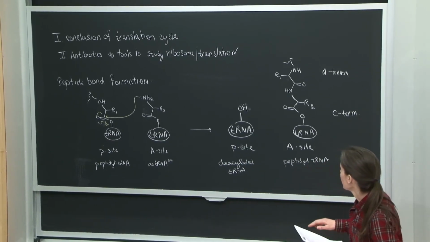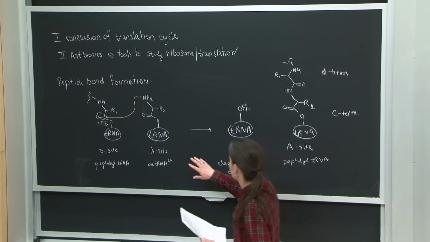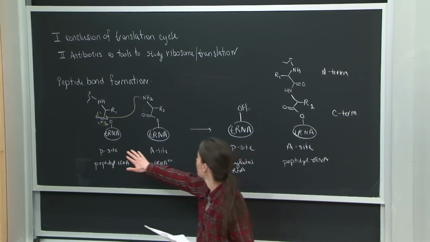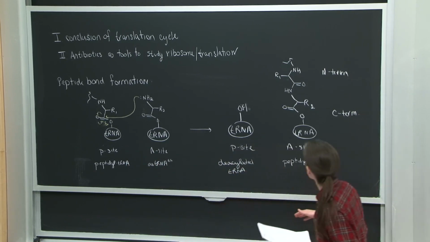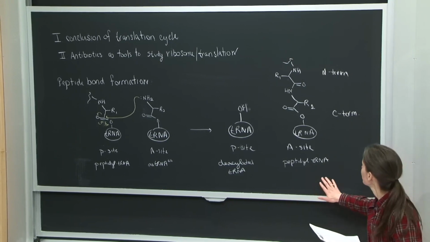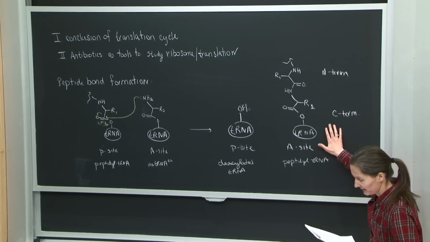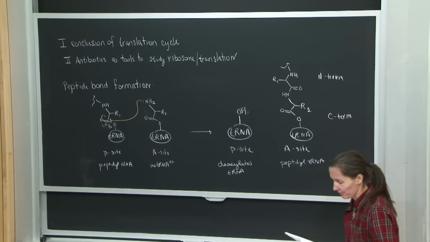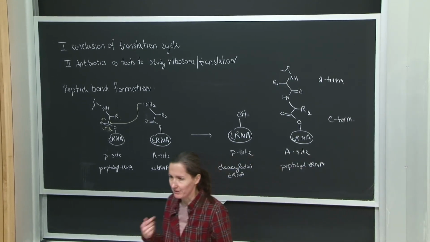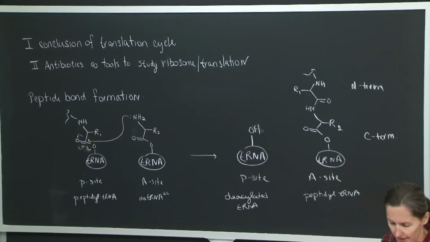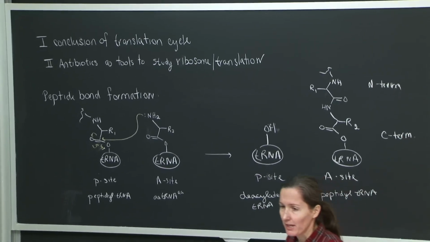So what needs to happen next, and once the screen gets fixed, we'll look at an actual depiction of these players in the PTC. After the peptide bond forms and we have this peptidyl-tRNA in the A site, before the next round of elongation, effectively we need to reset. The mRNA and the tRNAs need to move relative to the ribosome.